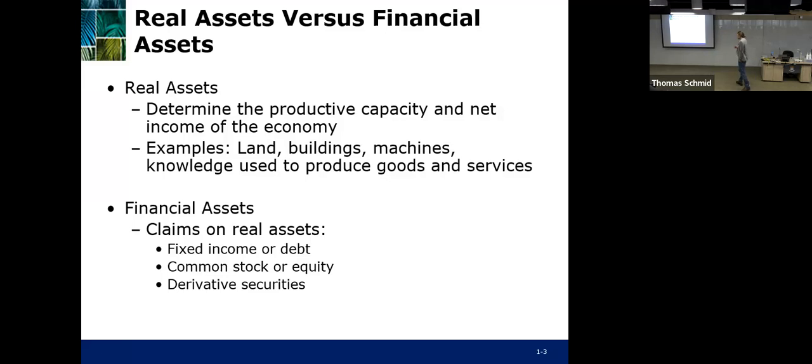So what are real assets? This is land, buildings, machines, basically the productive capacity of a country. And financial assets are claims on these real assets in some way or another. An equity, a share, is an ownership stake in a real asset.